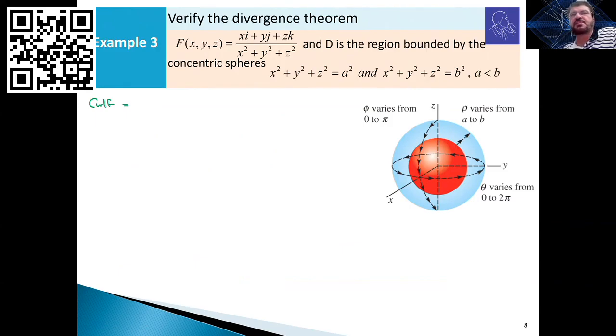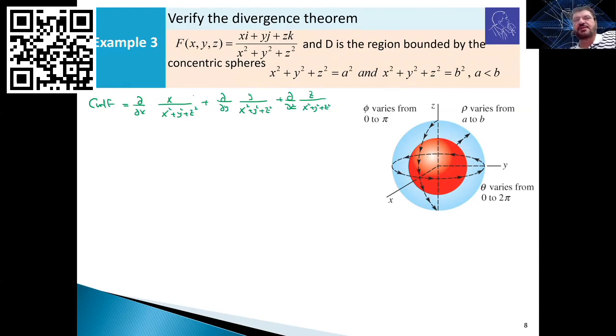It's the partial derivative with respect to x of x over x squared plus y squared plus z squared, plus the partial derivative with respect to y of y over x squared plus y squared plus z squared, plus the partial derivative with respect to z of z over x squared plus y squared plus z squared.